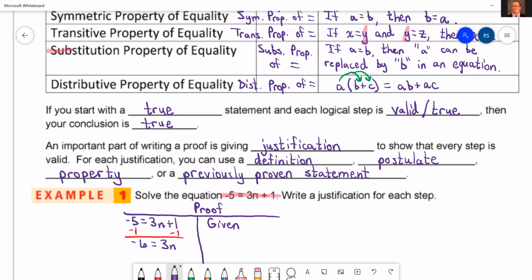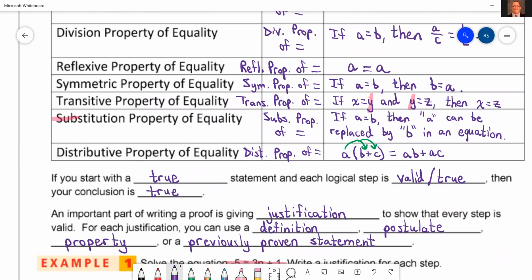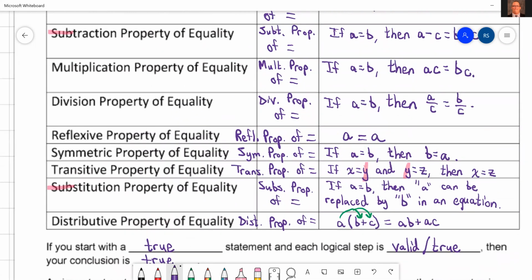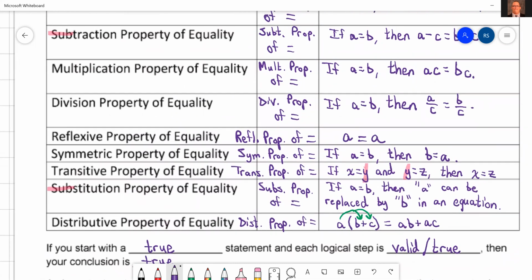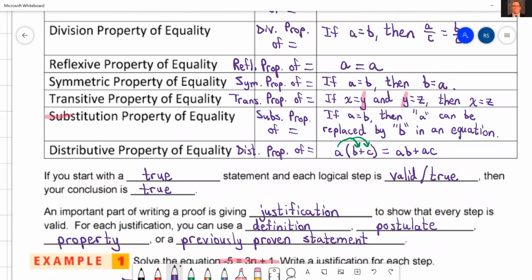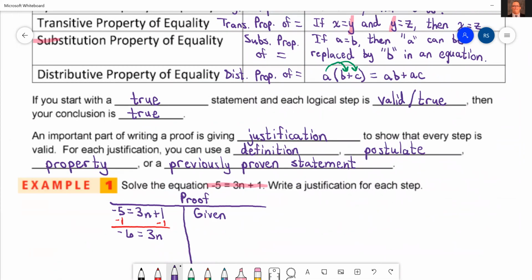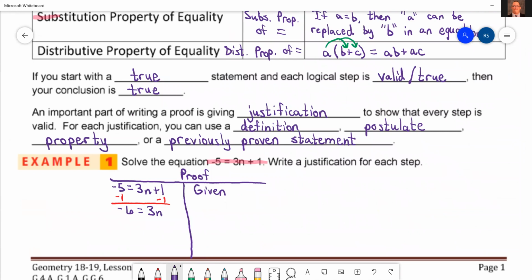What property deals with subtraction? Oh, how about the subtraction property of equality? Fair enough.